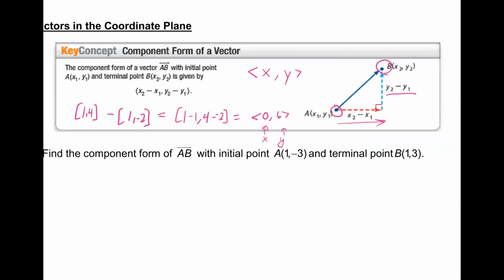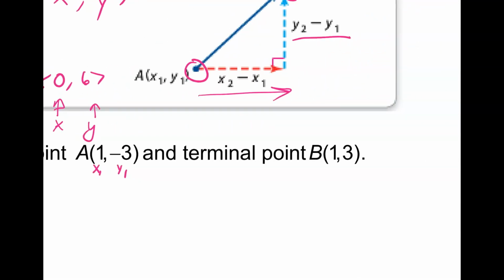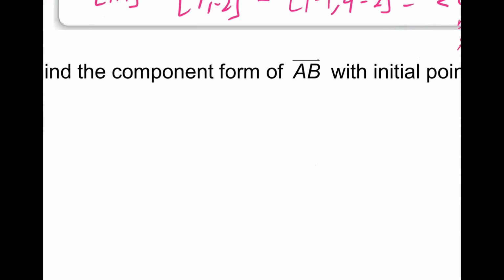Let's find the component form of vector AB with initial point 1 comma negative 3, so that's my x1, here's my y1, and terminal point 1 comma 3. So this is my x2, y2. Okay, so I'm going to draw this out just so you can see.